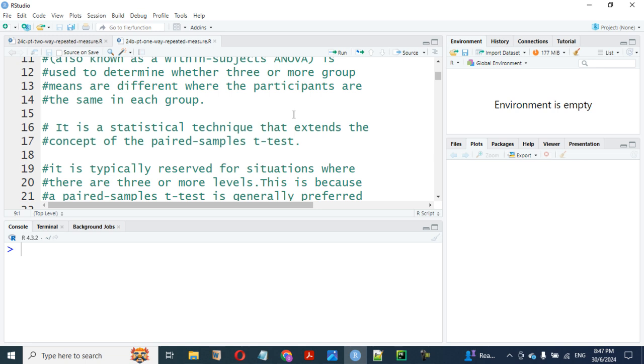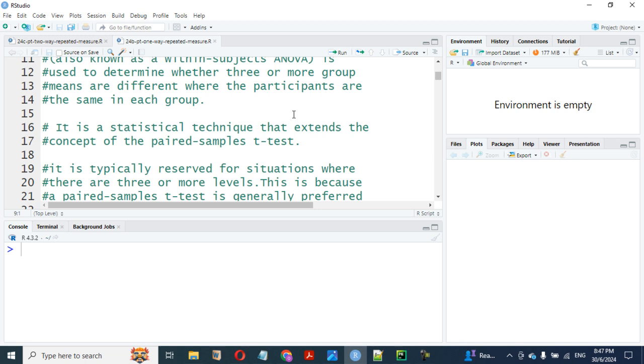You test their stress level before they travel on vacation, and when they return, you test the same specimen, the same subjects, their stress level again, to know if there's any effect of that vacation on the subjects.